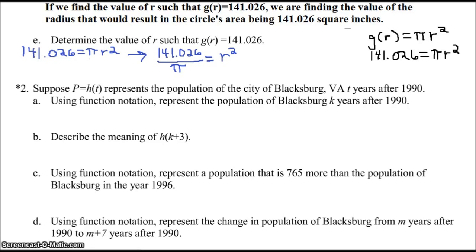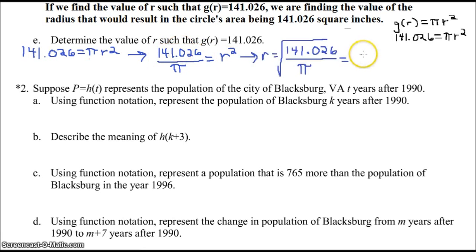So to find the value of the radius, we just need to take the square root of both sides. Since we have the radius squared, we can undo that square with the square root. And we can just think, well, if r squared equals this number, then r equals the square root of this number. So r is the square root of 141.026 over pi.